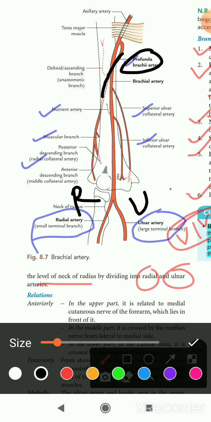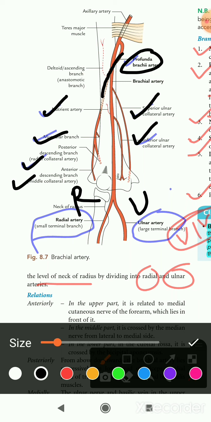So on the ulnar side it gives branches like the superior ulnar collateral artery, inferior ulnar collateral artery, and the nutrient artery is a branch of the brachial artery, some muscular branches, radial collateral artery, and medial collateral artery.